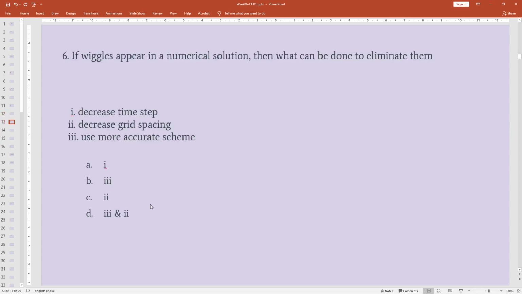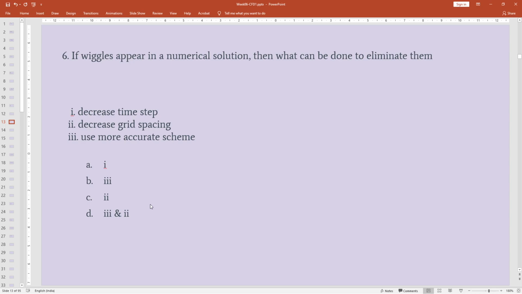Moving on to next question. If wiggles appear in a numerical solution, then what can be done to eliminate them? So we have already seen what wiggles are. They are stable oscillations. So if wiggles appear in a numerical solution, what should be done to eliminate them?